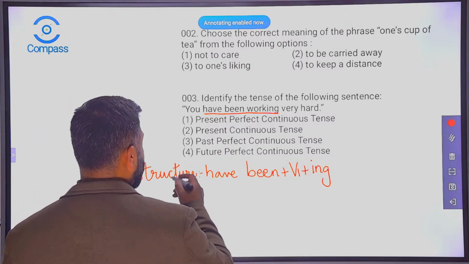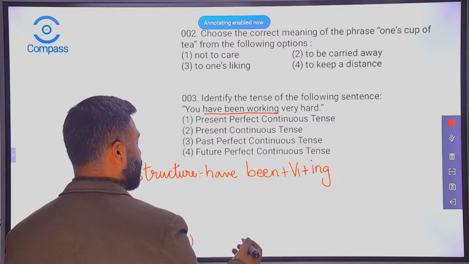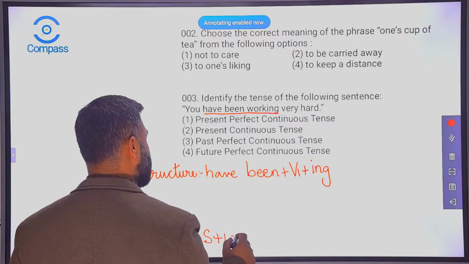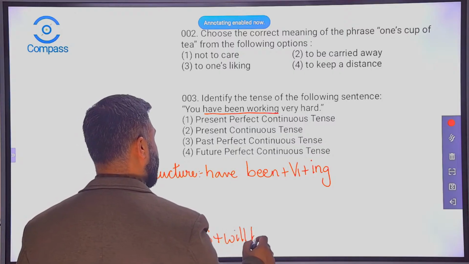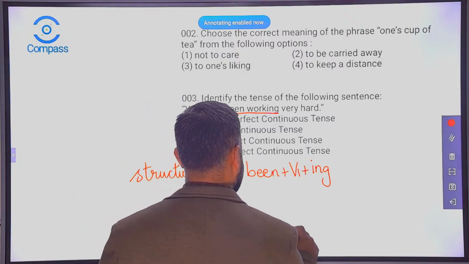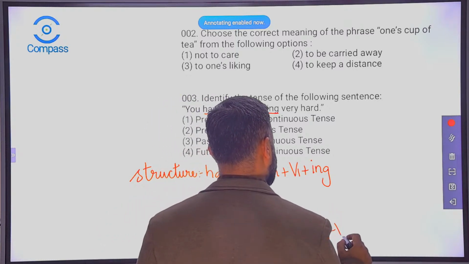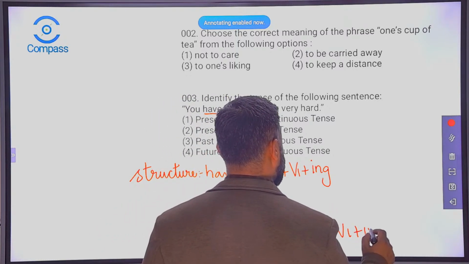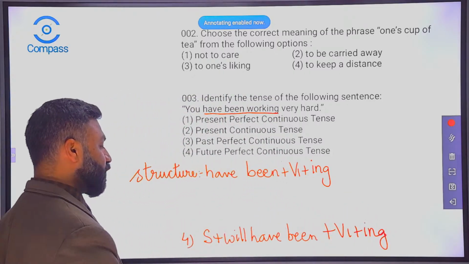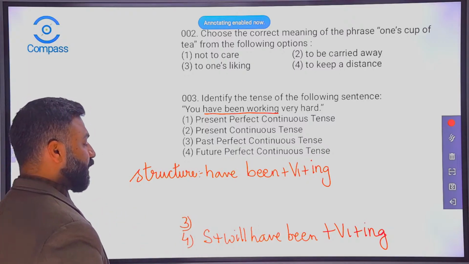So I'll begin with number 4. Check a future perfect continuous tense. So the structure is S plus will have been plus V1 plus ing. That's the structure of the fourth one. Third, past perfect continuous tense.